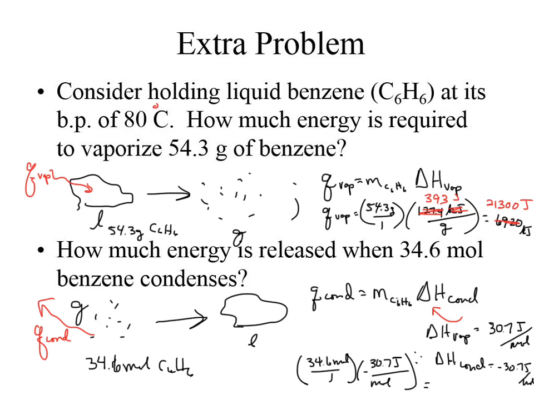So I got 1060. And that would be units of joules. That's it. Okay. Oh, what did I forget? Negative sign. Final answer. Okay, we good with that? Okay. Energy released during condensation, energy required during evaporation.